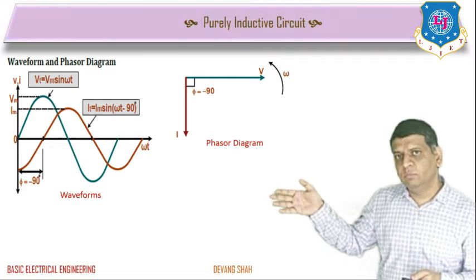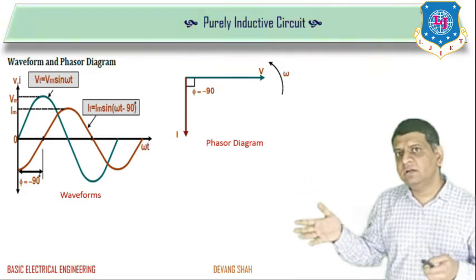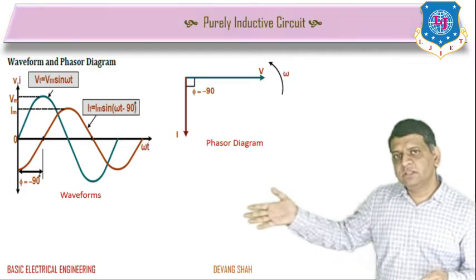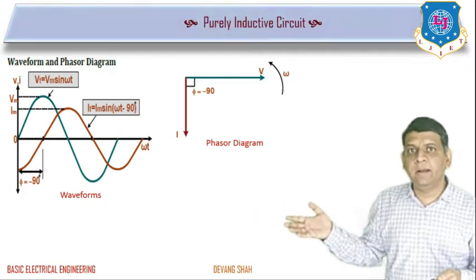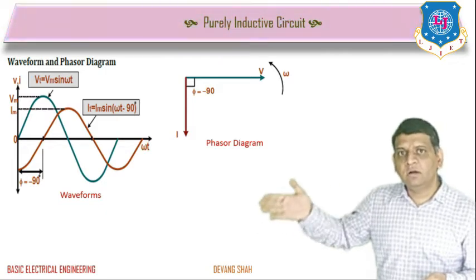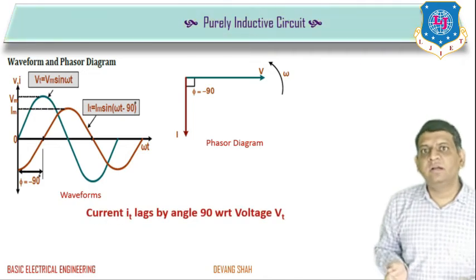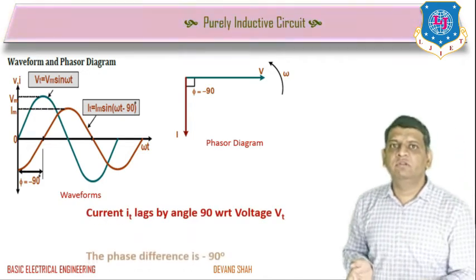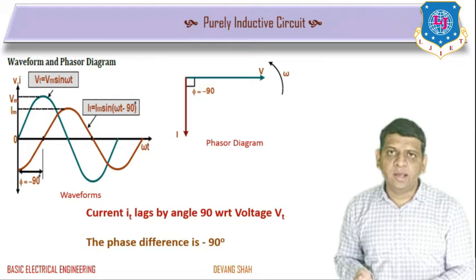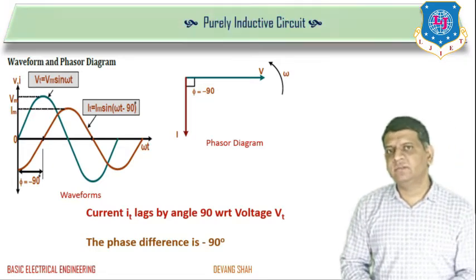Since both have omega t, the angular velocities of voltage and current are the same, so this 90 angle is permanently maintained between them. So current i(t) lags by angle 90 with respect to voltage v(t). Hence the phase difference between voltage and current is minus 90.